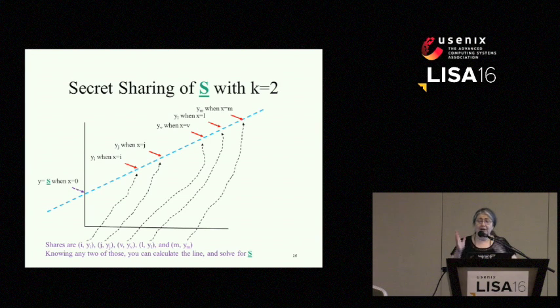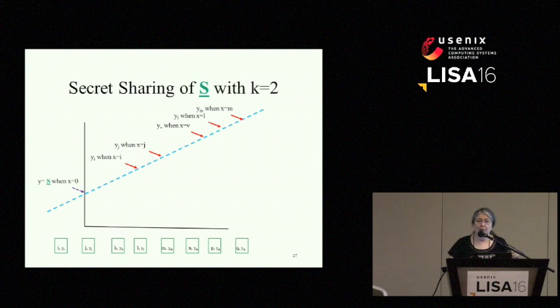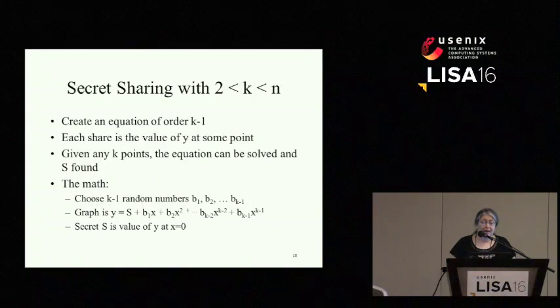And so the shares you give to people are the x value and the y value at various places on the line. So what you store is i, y sub i in the first location, j, y sub j in the second location, and so forth. And so what if 2 is less than k is less than n?